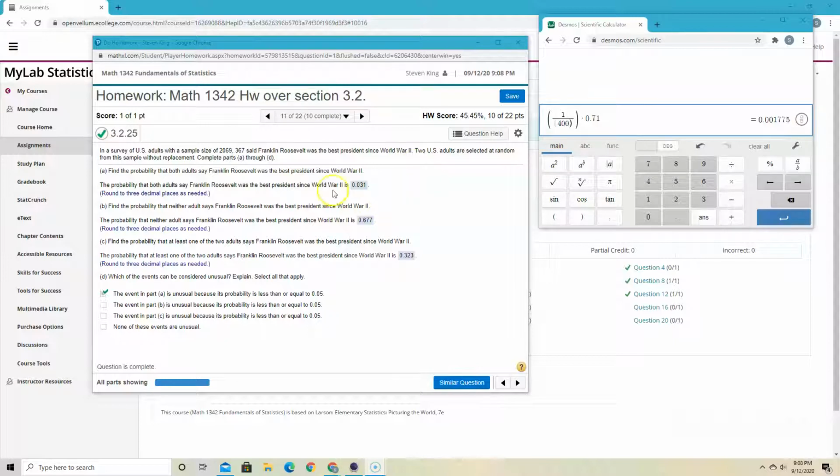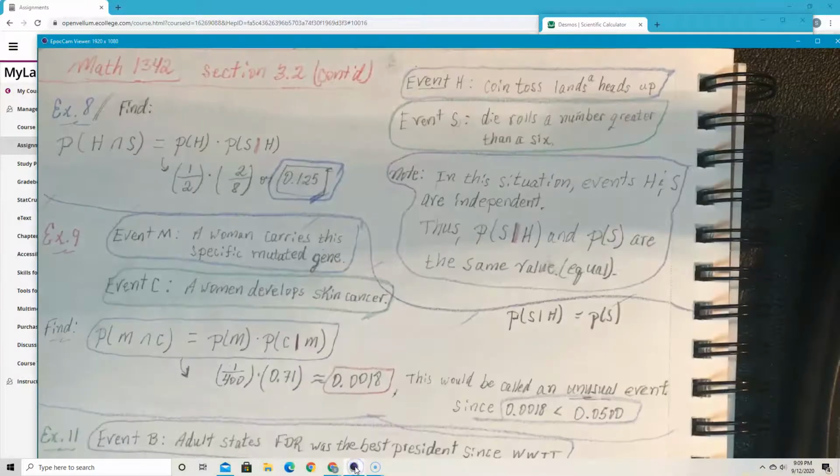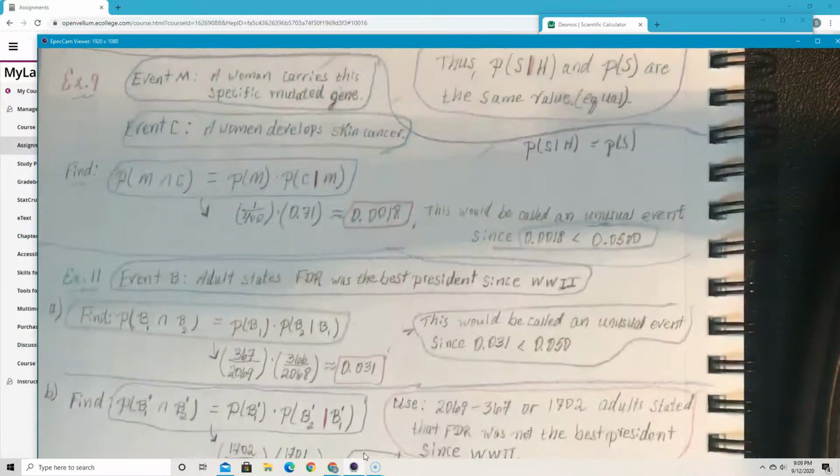And so now, because the first person picked said FDR was the best president, remember, they're not asking if this happened. We won't know. They're saying if it does happen, what's the probability that it will happen? So we have to say it will happen. Now, what's the chance that it will happen? Well, it's 367 out of 2,069.